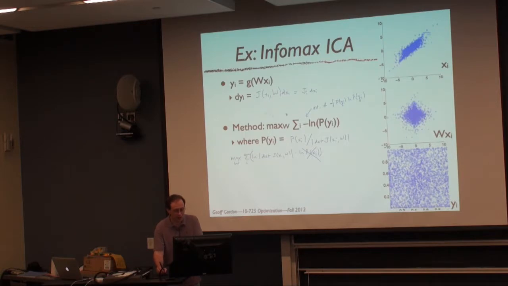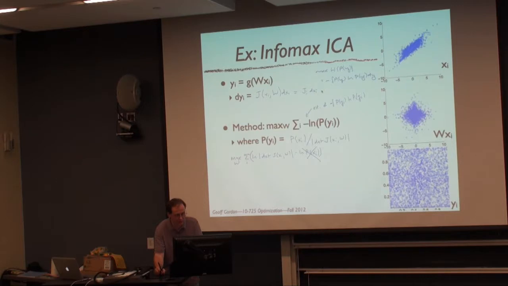And so what we're going to do is try and maximize the entropy of Y, of the distribution of Y, which is max h of p of Y. And that's equal to minus the integral of p of Y log p of Y dy.